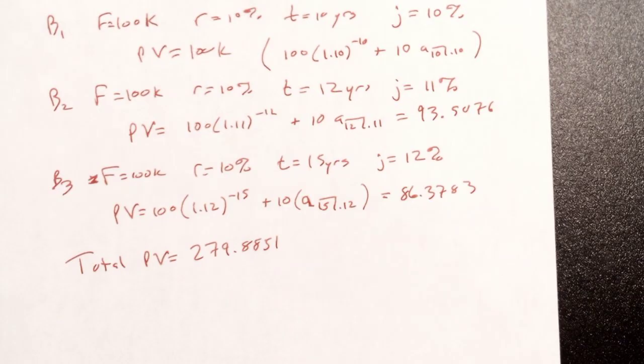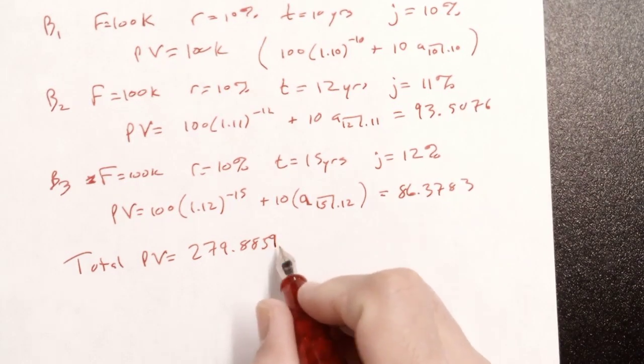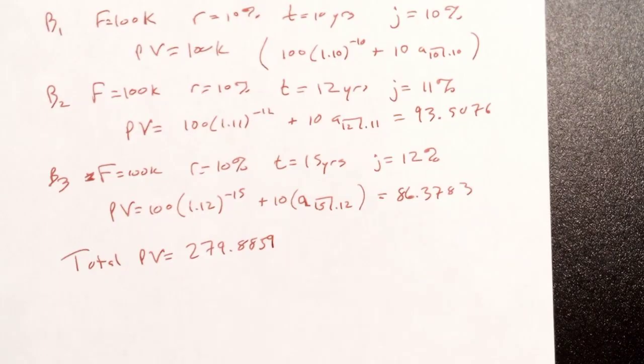I'm sorry, 8859. So I need $280,000 today to cover not just the $300,000 payments, but all of the $10,000 payments along the way. This is an exact match. This covers everything I need.